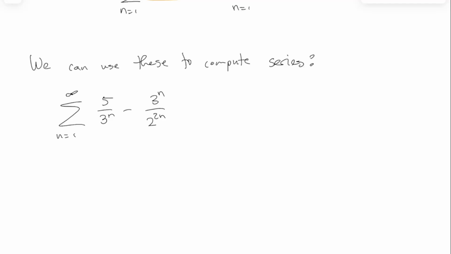The simple solution would be to split it apart into two series and then handle each of those individually. So I'm going to split it as the sum of 5 over 3 to the n minus the sum of 3 to the n over 2 to the 2n. And each of those I am going to do separately using our techniques from last time.